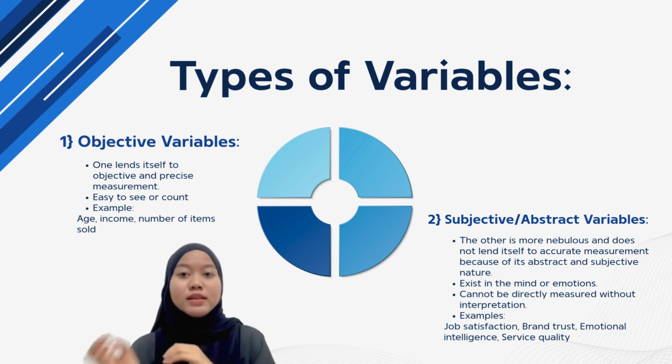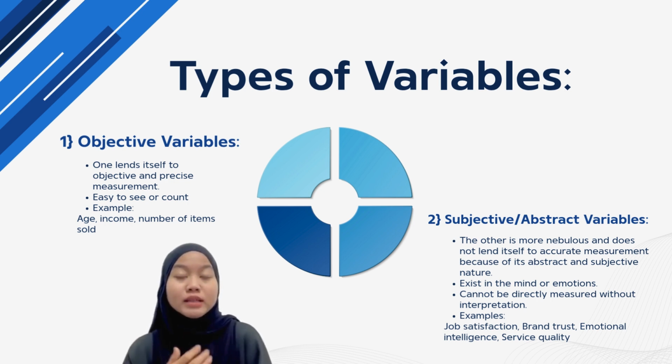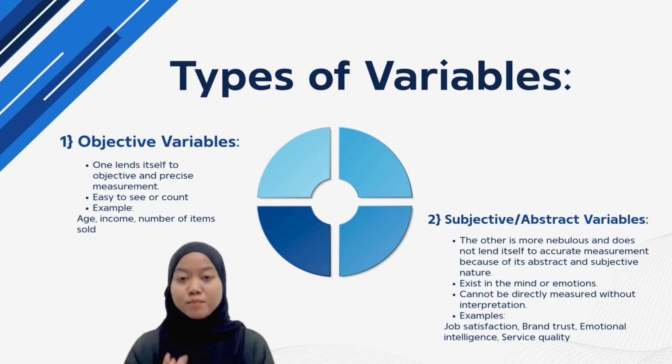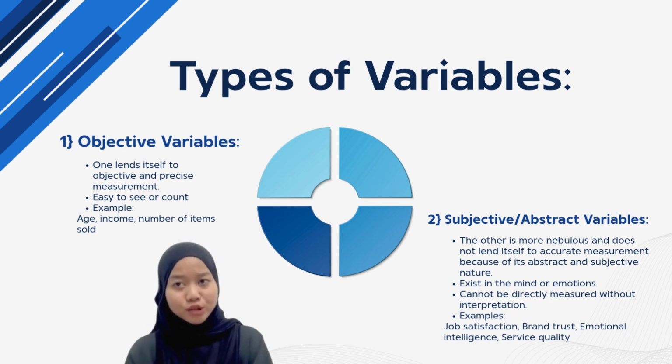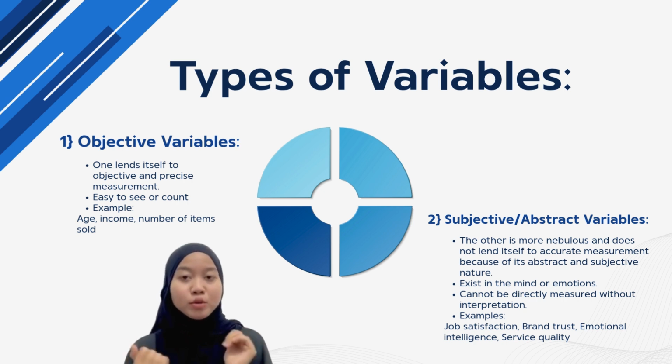It exists in the mind or emotions and cannot be directly measured without interpretation, for example job satisfaction, brand trust, emotional intelligence, and service quality. Therefore, while objective variables are straightforward, subjective ones need careful operationalization in order to avoid bias.